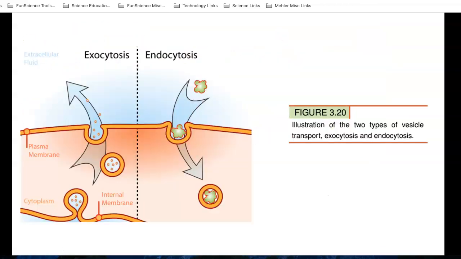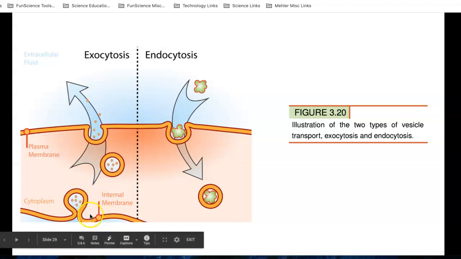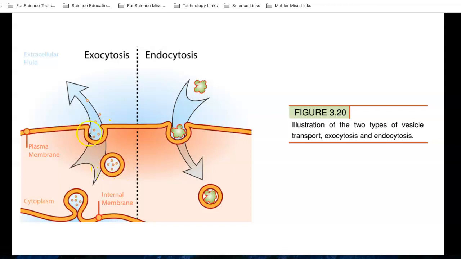This diagram, figure 3.20 from your textbook, talks about the difference between exocytosis and endocytosis. In exocytosis, that's when a cell needs to get rid of something. We've got the cell membrane or the plasma membrane here, and within the cell, something is packaged. It moves that package close to the cell membrane, but then notice what happens to the package, the orange area here.